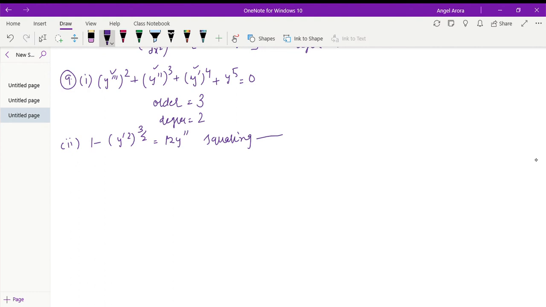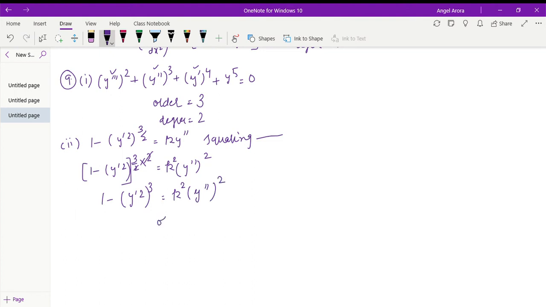On the left hand side we will get 1 minus y prime squared raised to 3, and on the right hand side k squared y double prime squared.